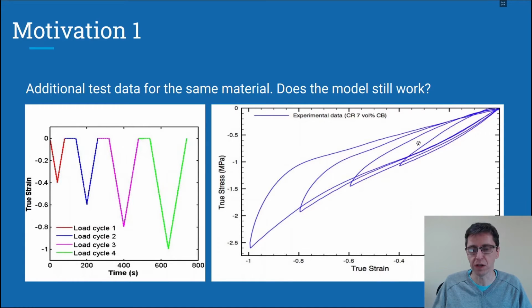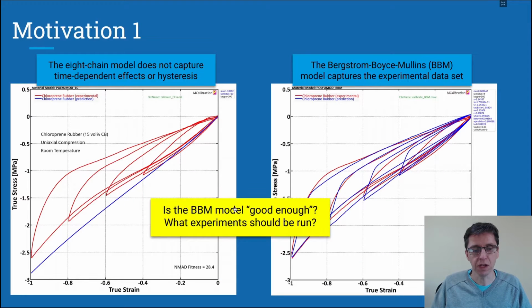So I compressed it, unloaded it, compressed it, unloaded it, which gave me these stress strain loops here. If we now take the material model that we calibrated initially, and we compare that to the new data for the same material, we'll see that the figure to the left here, the red curve is the experimental data, and the blue one is our initial calibration using a very simple hyperelastic model.